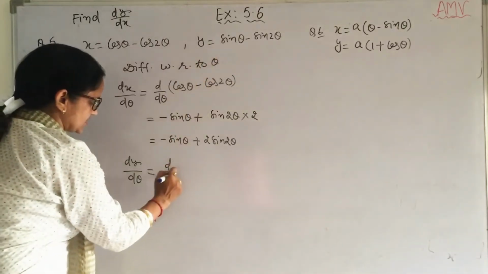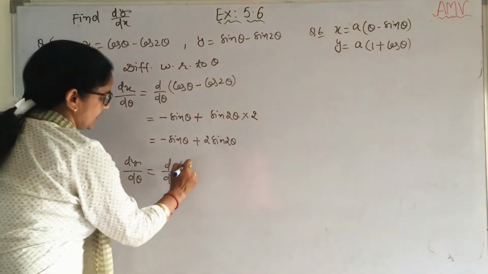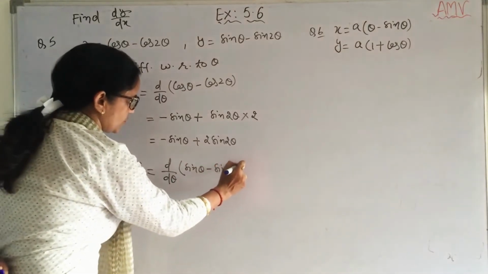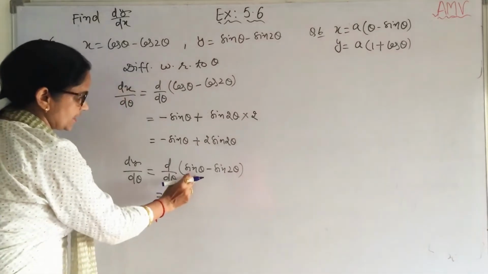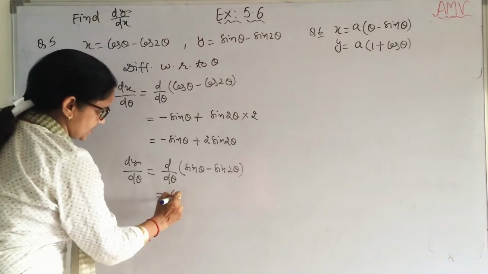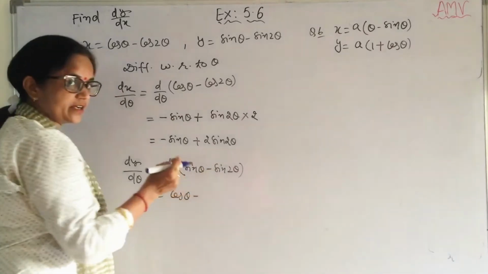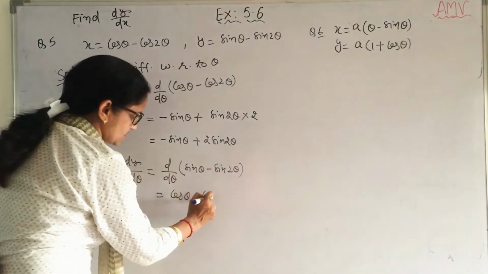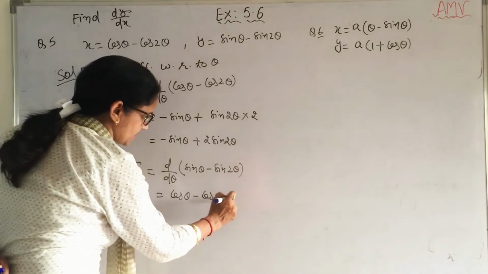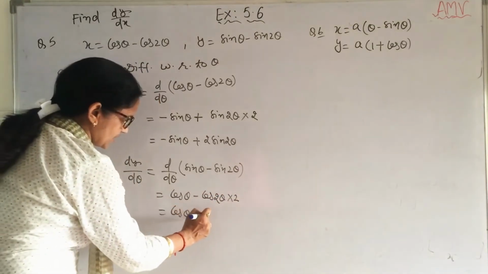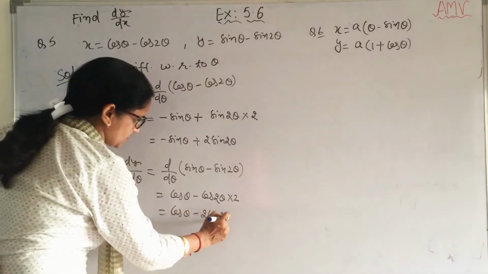So it is d by d theta, here sin theta minus sin 2 theta. Derivative of sin theta, it is cos theta. Okay, and derivative of sin 2 theta, it is cos 2 theta into 2. Okay, so it is cos theta minus 2 cos 2 theta.